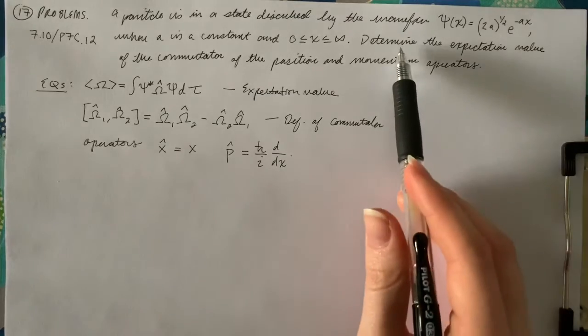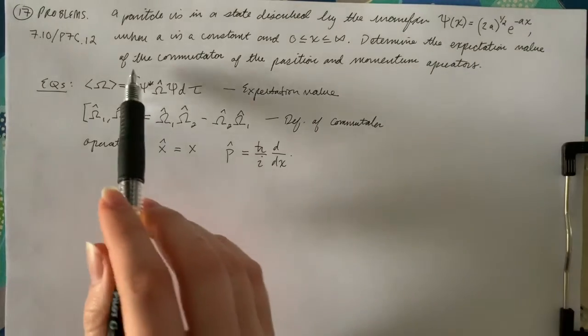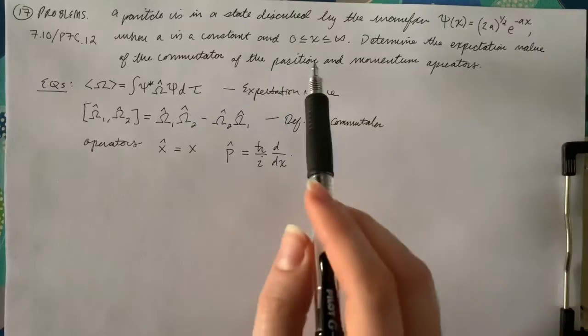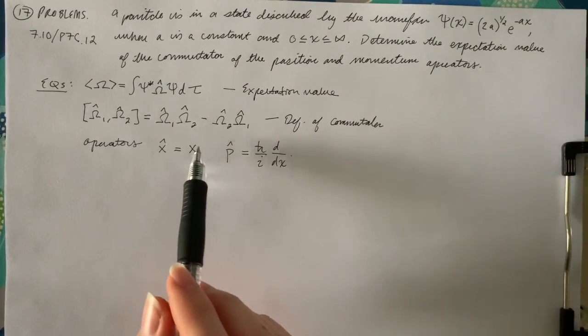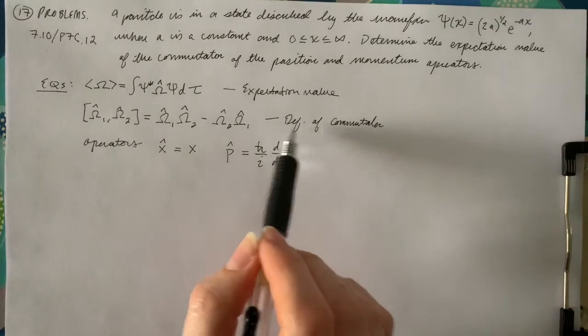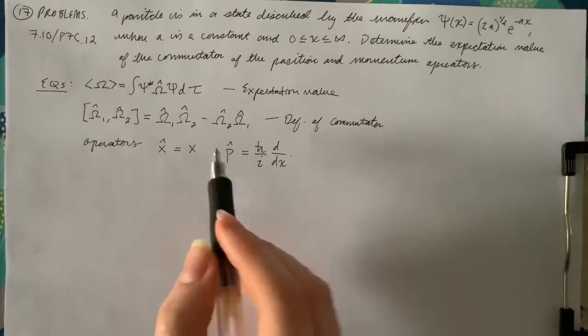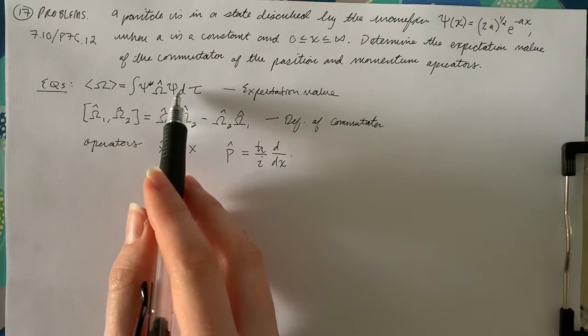So here it's saying determine the expectation value of the commutator of position and momentum. So I interpret this as I'm going to plug in the definition of commutator inside the expectation value.